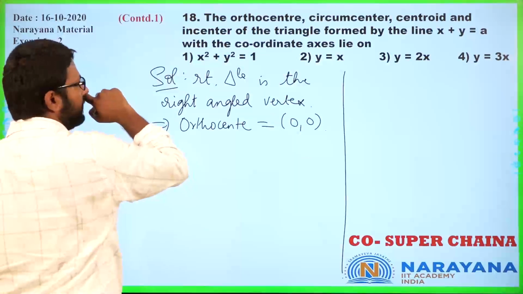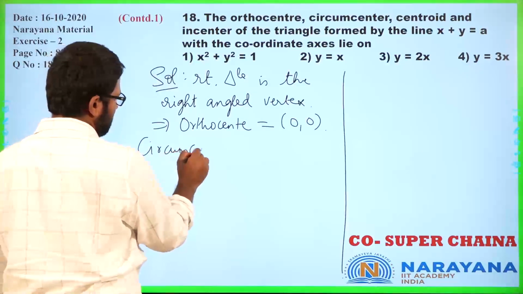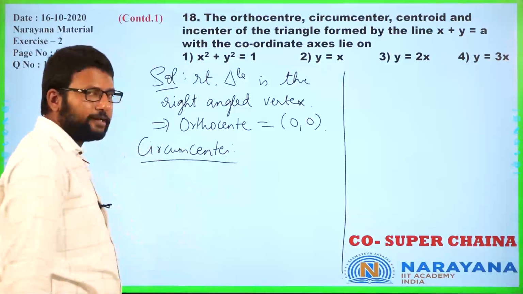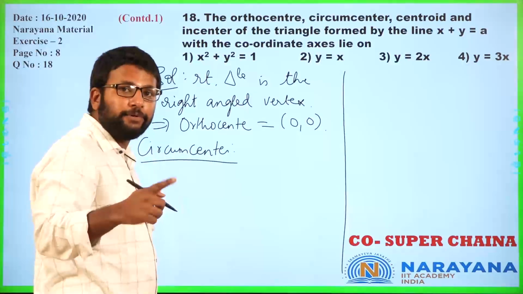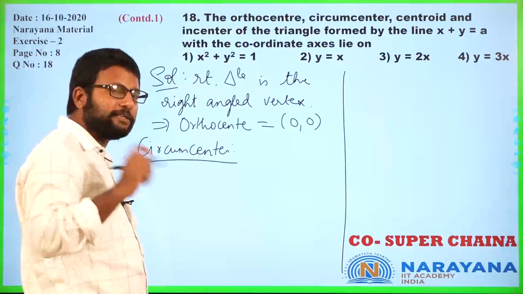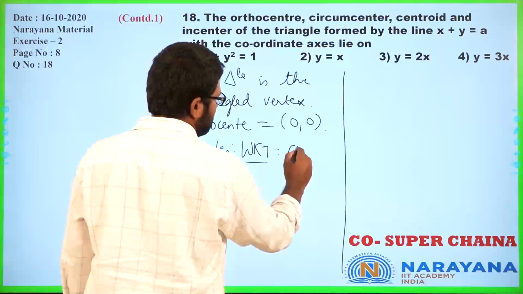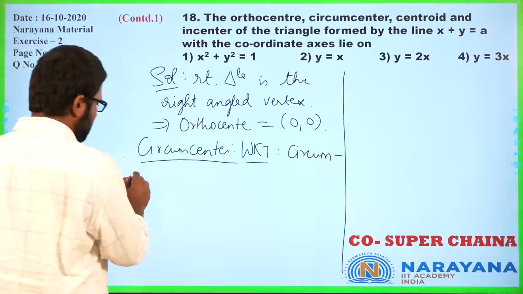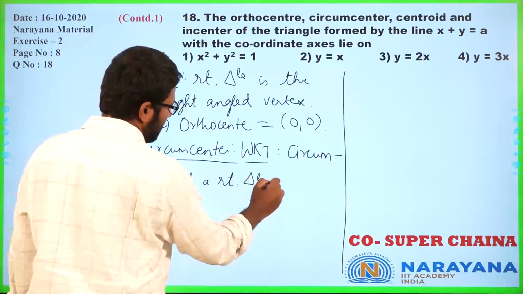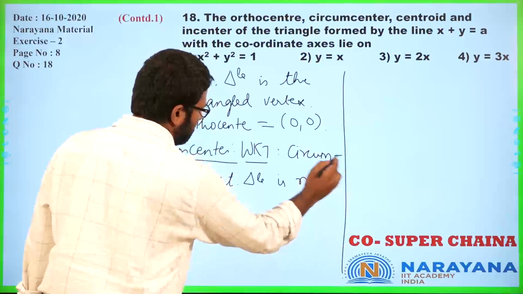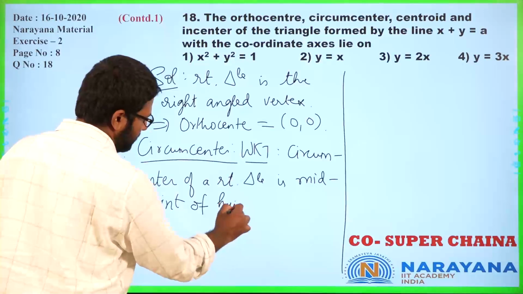Now circumcenter, right? For circumcenter, again, this is a right angle triangle. In a right angle triangle, circumcenter is midpoint of hypotenuse. Again, we have done this earlier. We have seen it in earlier classes also. So we know that circumcenter of a right triangle is midpoint of hypotenuse.